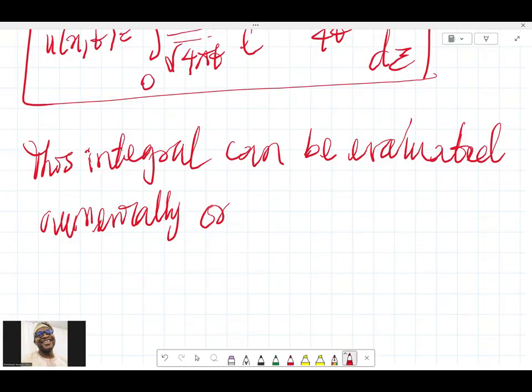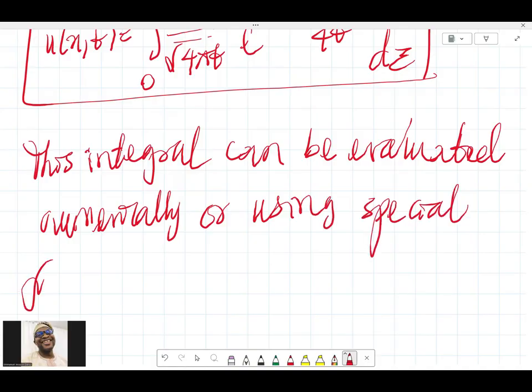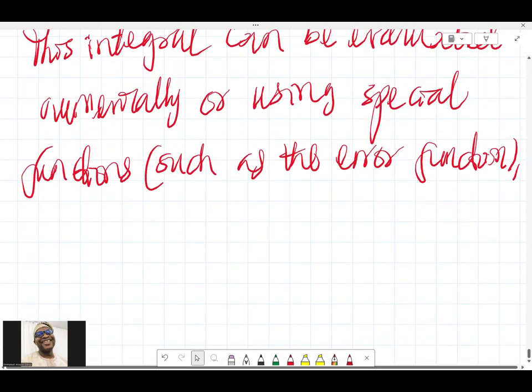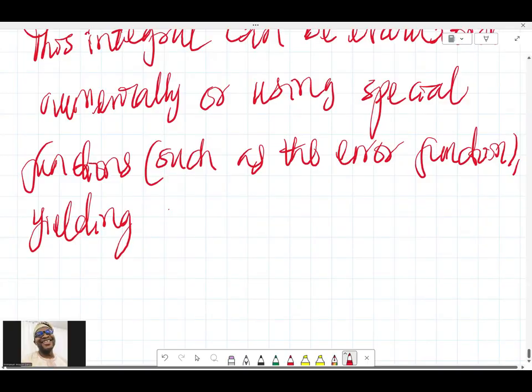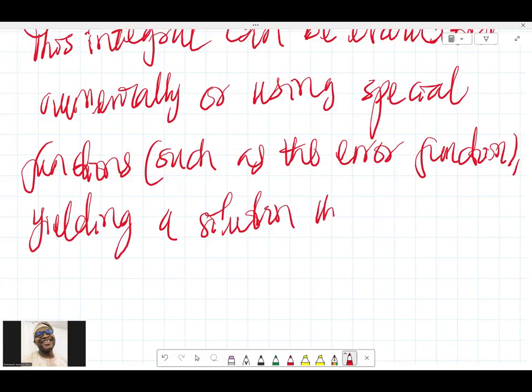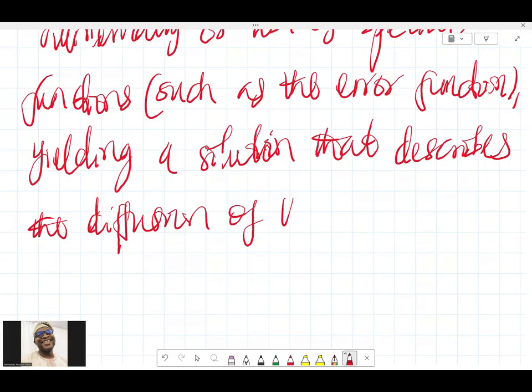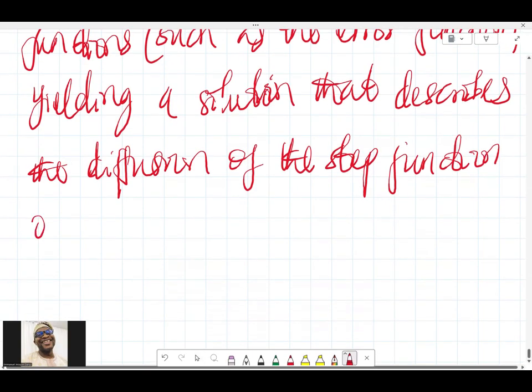So the integral can be evaluated numerically or using special functions such as the error function, yielding a solution that describes the diffusion of the step function over time.